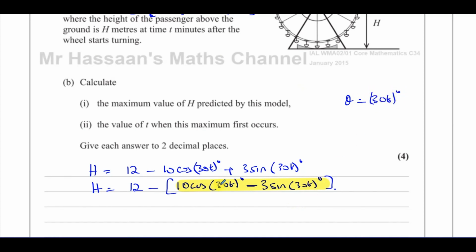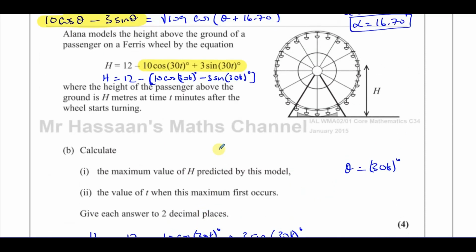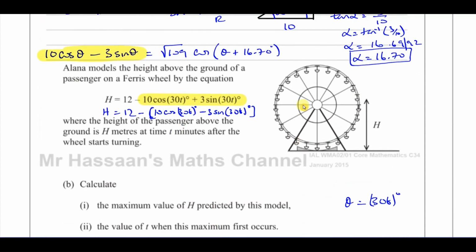So here it's like the theta became 30t degrees. So it's like 10 cosine theta minus 3 sine theta, and we know that that can be rewritten in this form. So instead of writing 10 cosine theta minus 3 sine theta, I can write the square root of 109 times the cosine of the angle theta, or in this case 30t, plus 16.70.